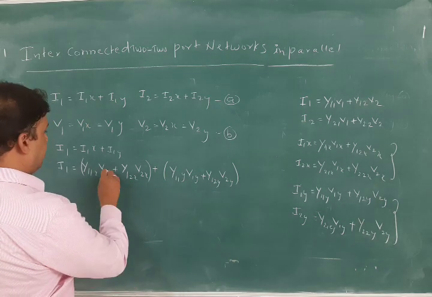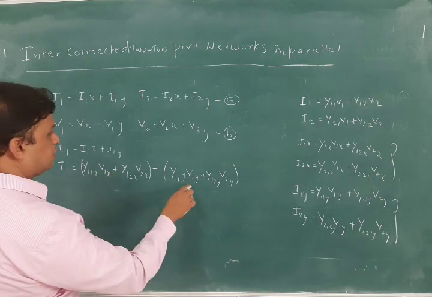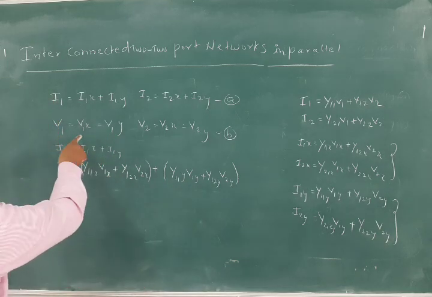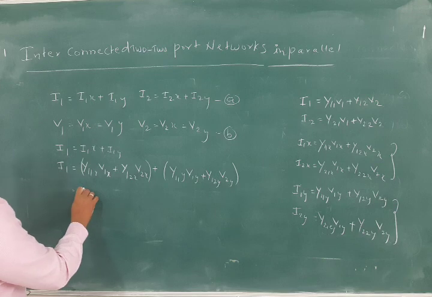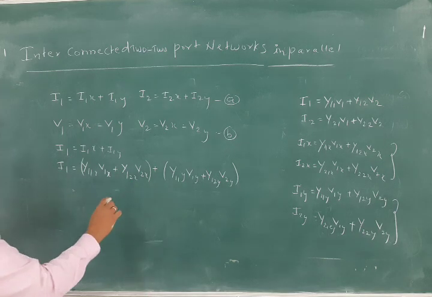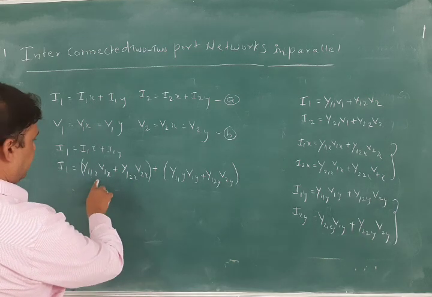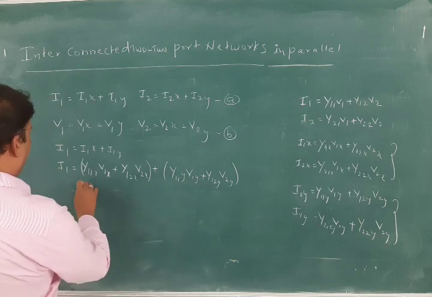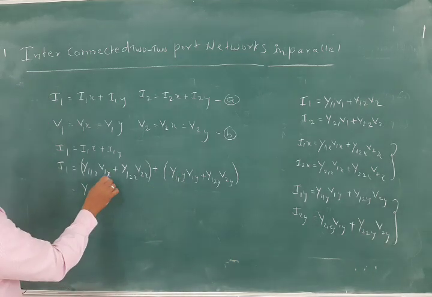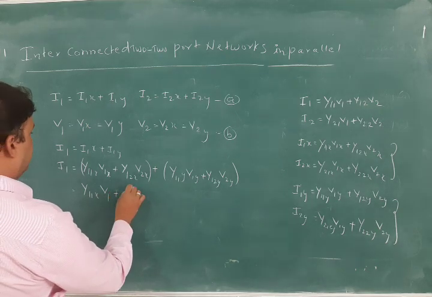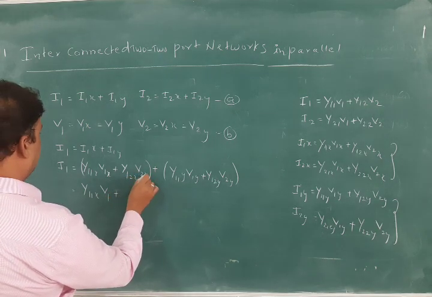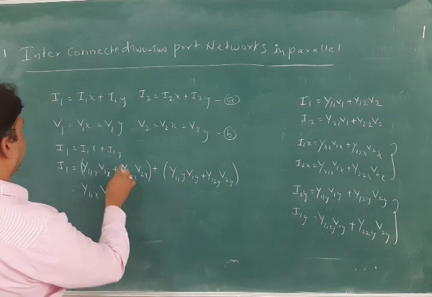If you see here, V1x and V1y both are the same as V1. So, we can separate this Y11x and Y11y. Y11x into V1x is nothing but V1, plus Y12x into V2x. V2x is equal to V2 only.